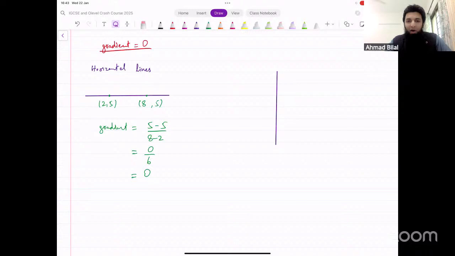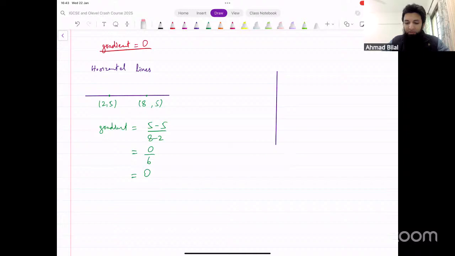How much does y change if x increases by 1 unit? Now, that question does not even make sense here because we cannot really increase the x coordinate at all. There's no change in x here. So we can't even ask that question, because x is not increasing.